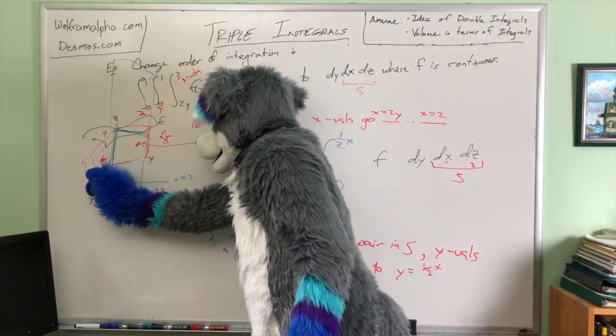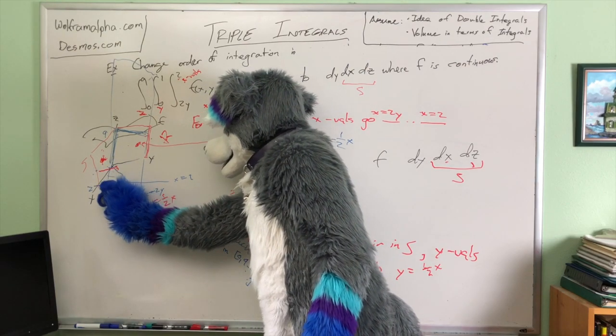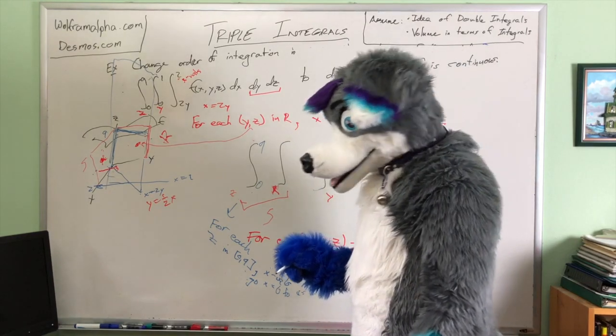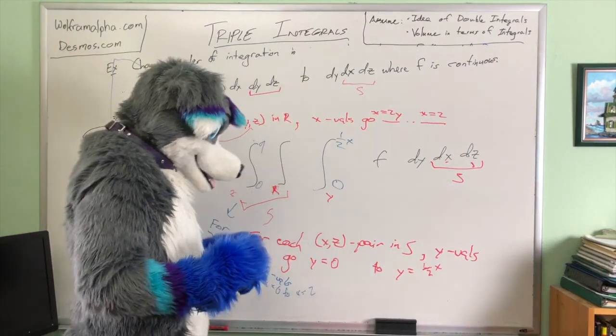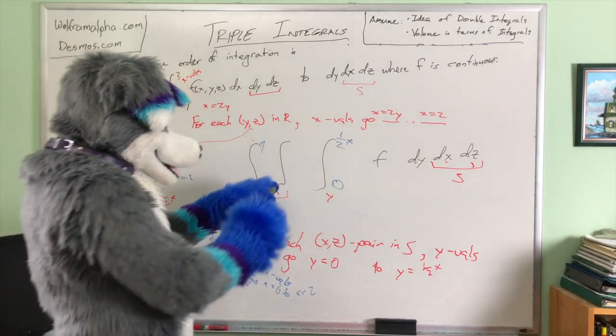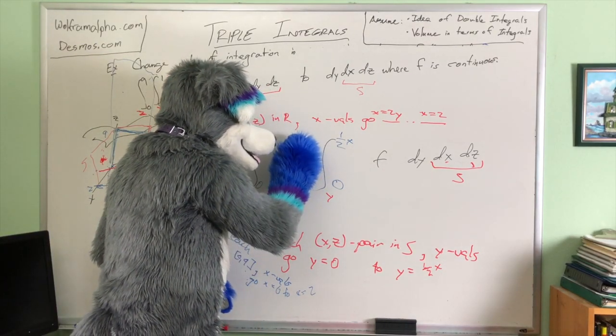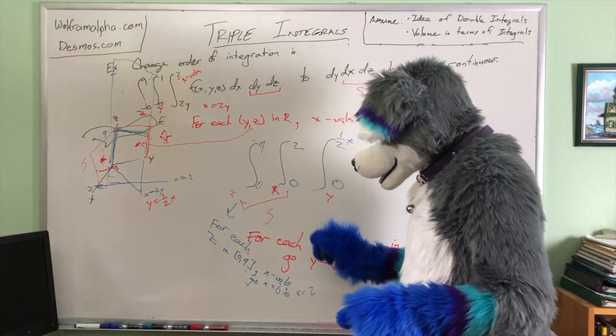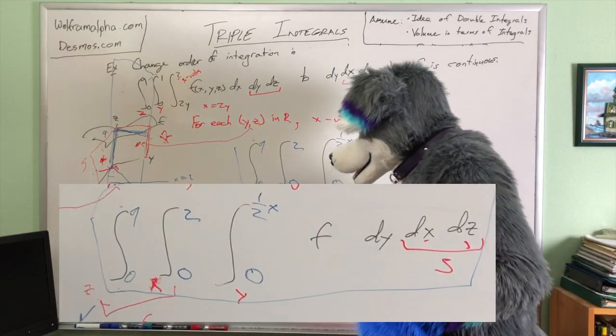They go 0 up to 2 now. So that means that this is 0 up to 2. Notice this upper limit of integration has changed from 1 to 2. But this is it.